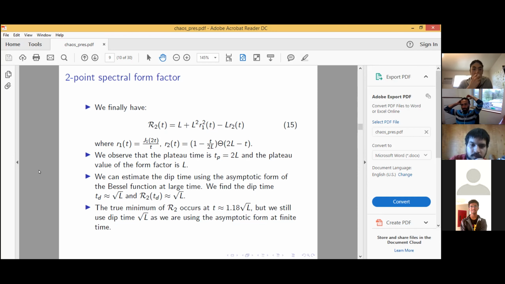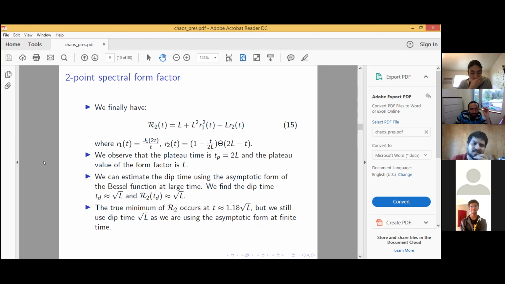Staring at equation 15, we can see that the plateau time, which we denote by t_p, is 2L, and the plateau value of the form factor is L, this constant piece here. We can estimate the dip time using the asymptotic form of the Bessel function.